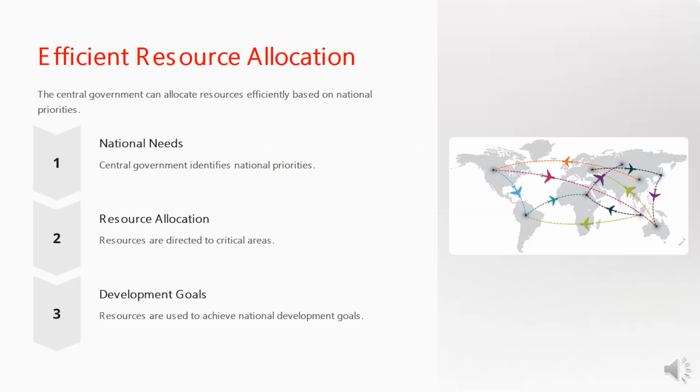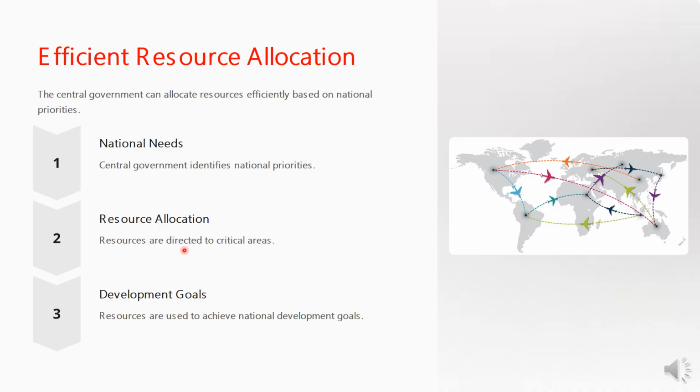Efficient resource allocation. The central government can allocate resources efficiently based on national priorities, national needs, and development goals.